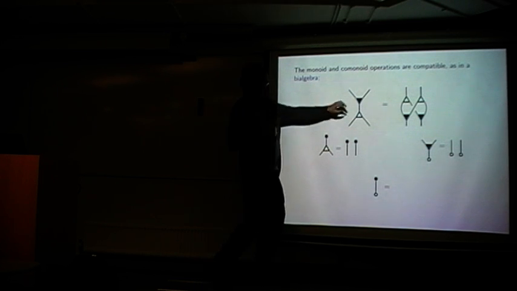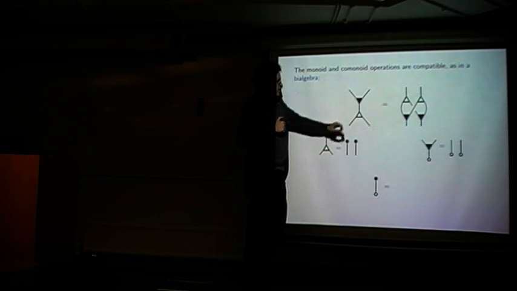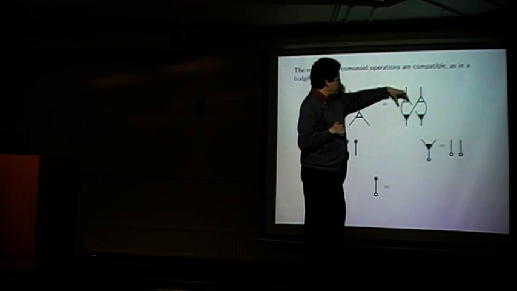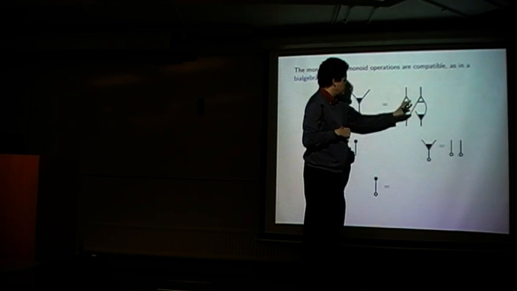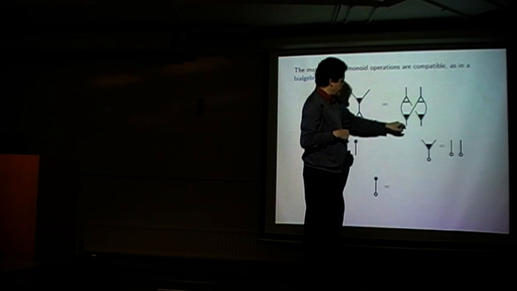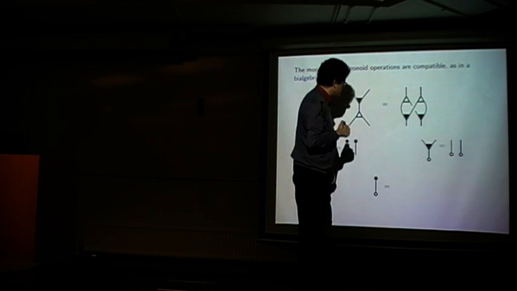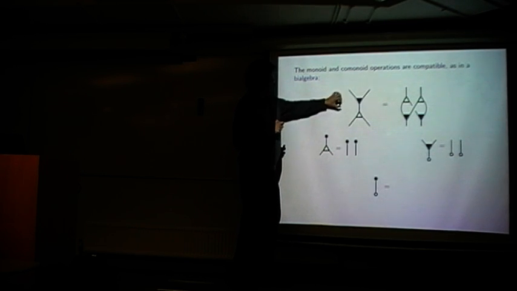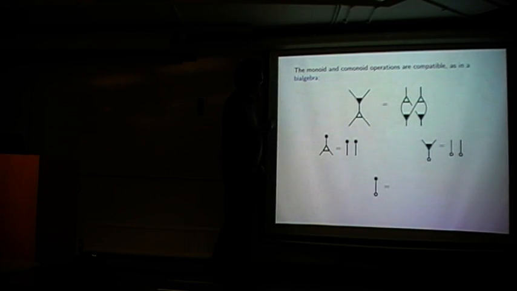It's the relationship between addition and duplication. So if we add two numbers and then duplicate the answer, it's the same as if we duplicated each of those numbers, switch the middle two, and then add the first two, and then add the second two. So this is the exciting axiom in a bialgebra.